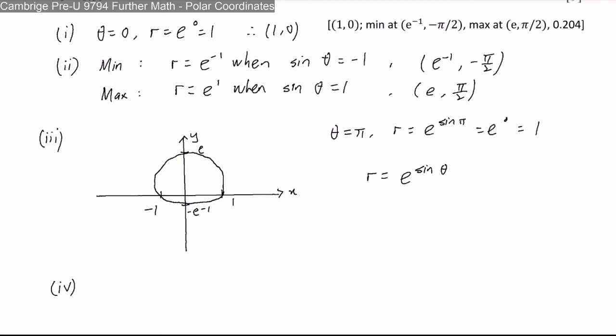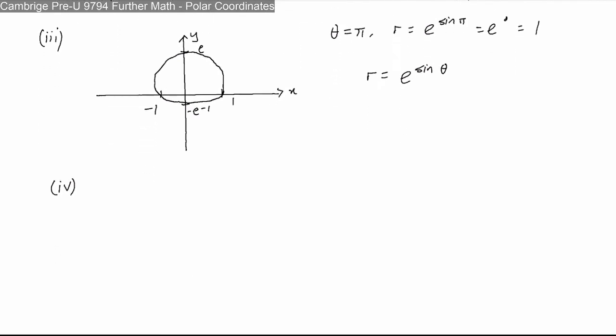The graph of sine theta is symmetric at the pi. Because theta goes from negative pi to pi, this graph should be symmetrical at the y-axis. Okay, so we move on to the next one.